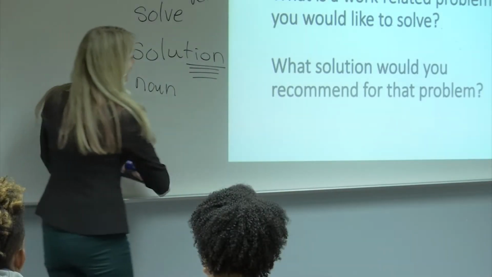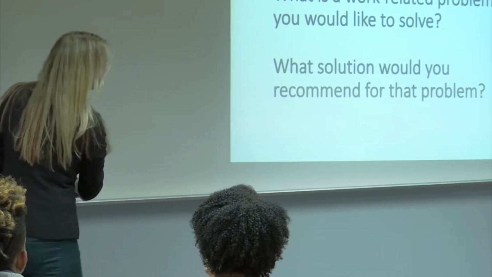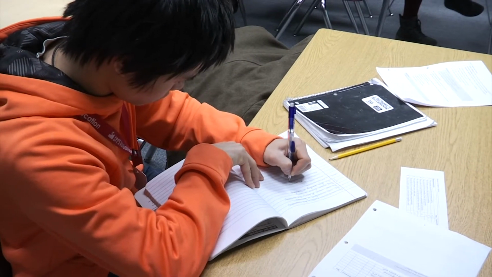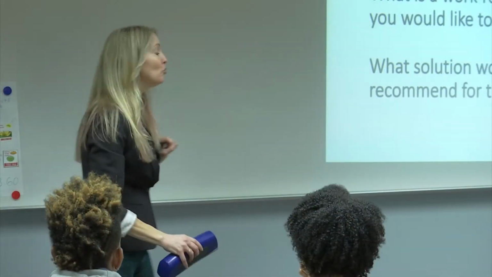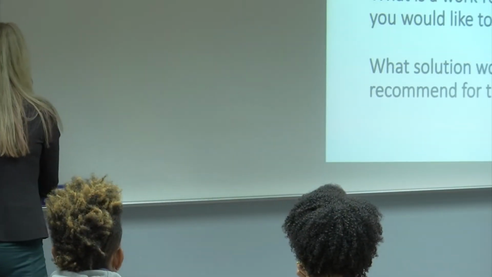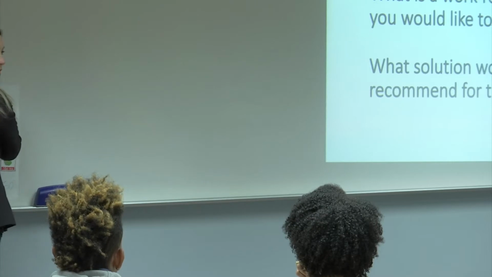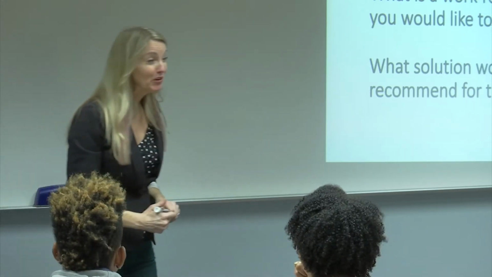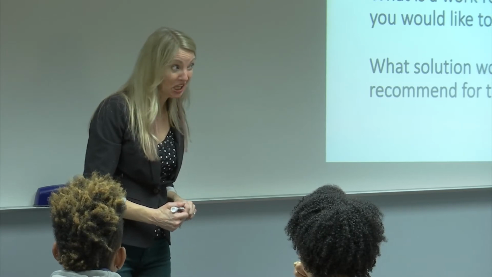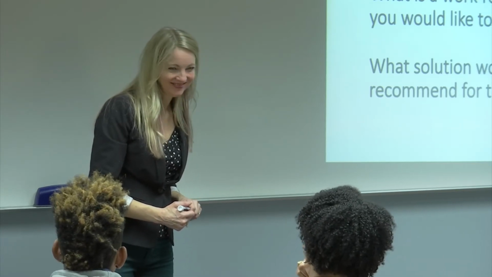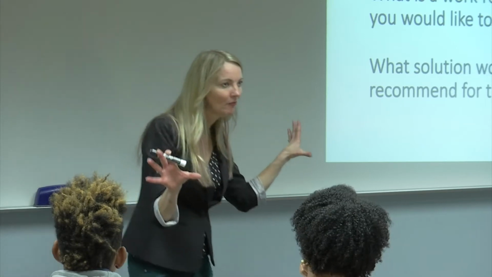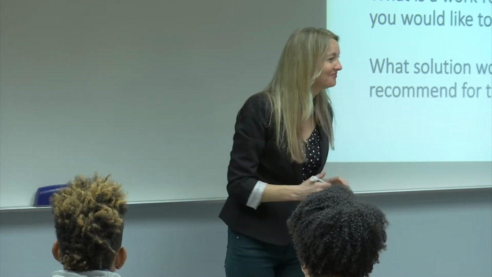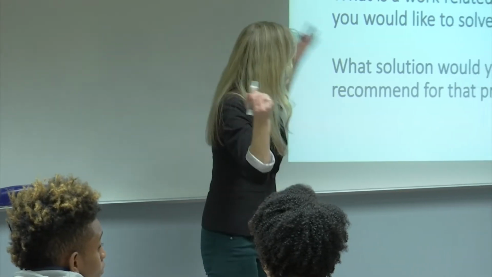So let's make a list first of some of work-related problems that you would like to solve. So can you think of a work-related problem maybe you had before that you didn't like? Anything. Yeah. Maybe sometimes you get bad supervisors. Yeah.